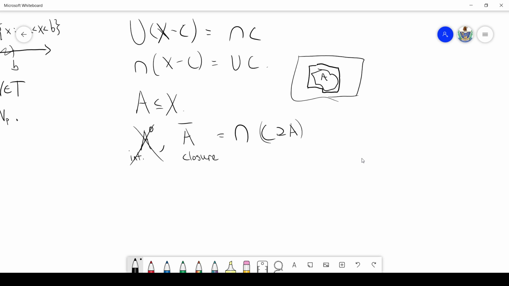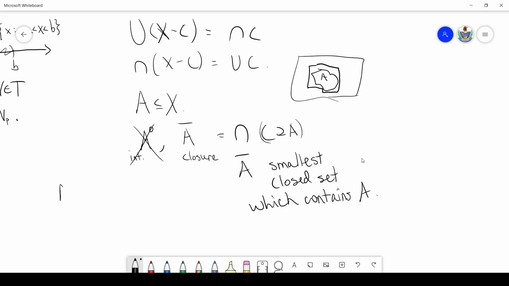In other words, A closure is the smallest closed set which contains A. So for instance, if A is closed, that implies that A closure is just equal to A.